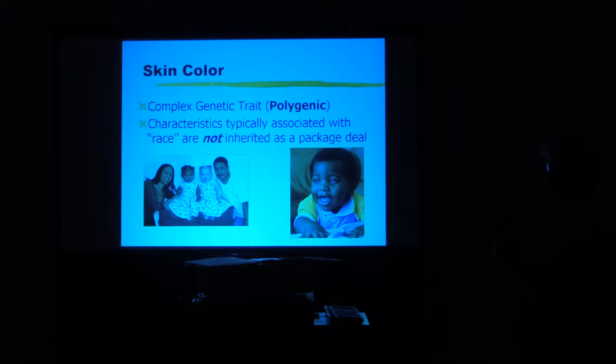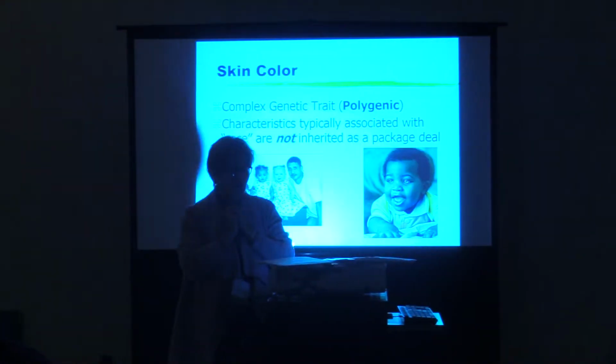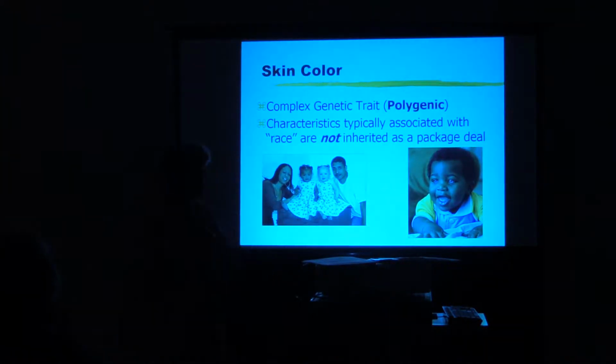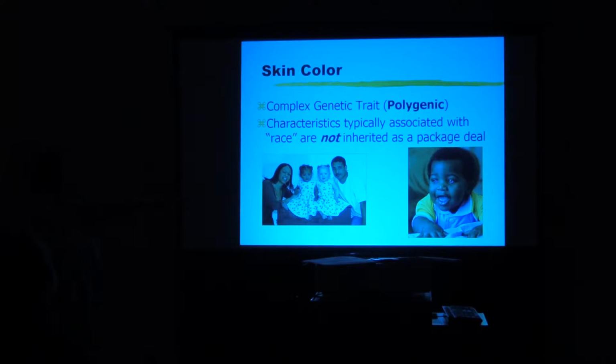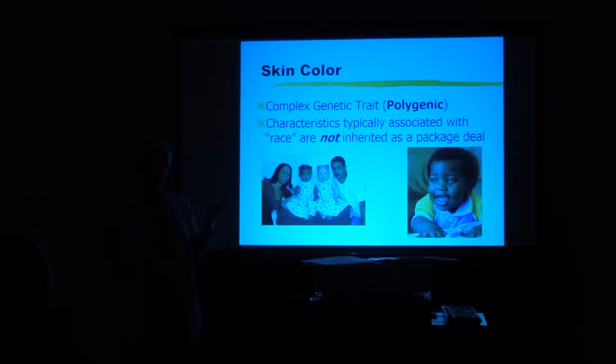The other thing is that we often think that race is a package deal. And this young man, I had to write down his name, it's Laren Galloway. What doesn't ring true, in a sense, about this beautiful boy? Blue eyes, imagine that.